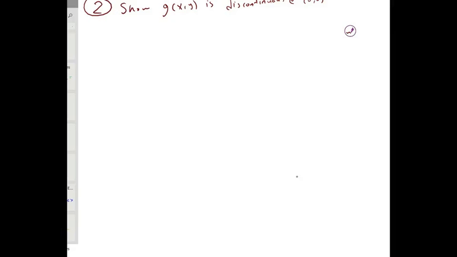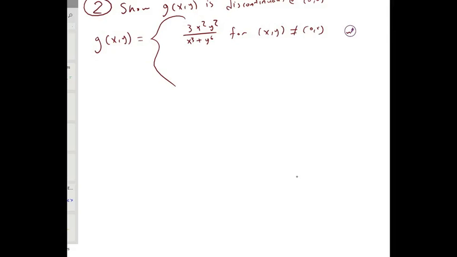If any of those conditions up there fail, our function will be discontinuous. g of xy is equal to 3x squared y squared over x to the third plus y to the sixth for all xy not equal to 0, 0, and g equals 0 for xy equal to 0, 0.